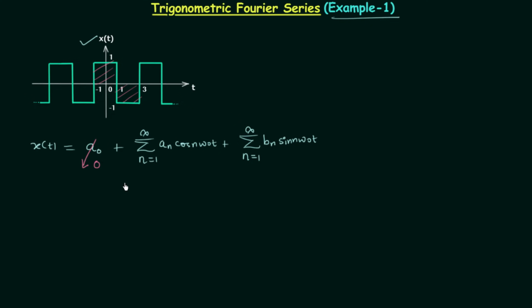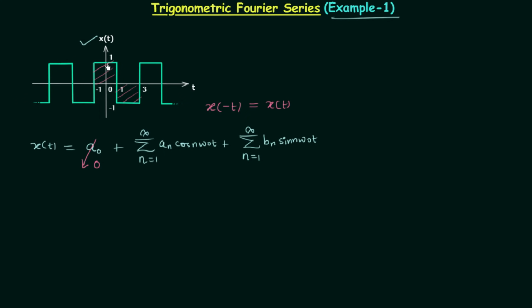So there is no need to calculate a naught. Now you can see the given signal is also a mirror image about the y-axis. And when this happens, the given signal satisfies the condition for even signals. This means when you perform the time reversal, when you find x(-t), you will find it is equal to x(t).